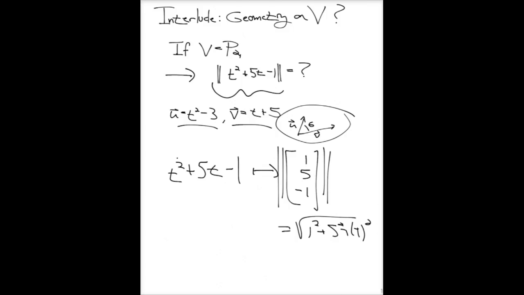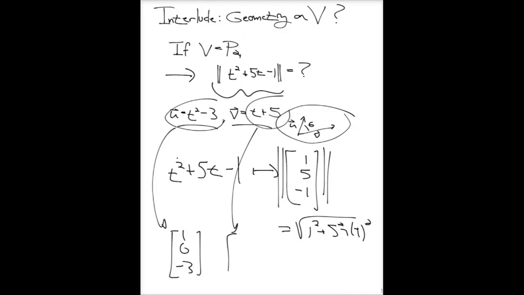And similarly, we could take each of these vectors and replace them with their coordinate vectors, which would in this case be (1, 0, -3) and (0, 1, 5). And then we could apply the formula which tells us what the angle between these two vectors in R3 is.